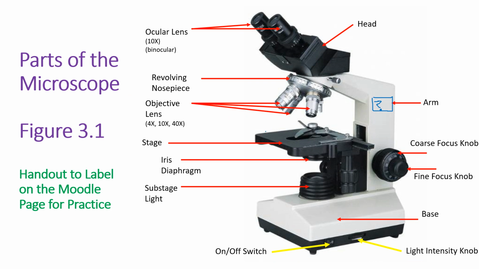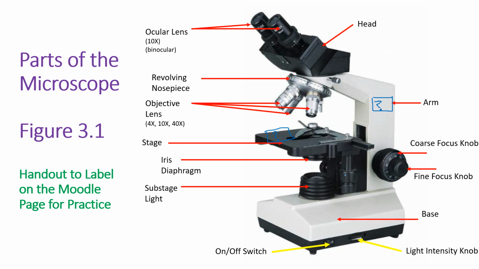If I put a sticker on this piece right here and put a little question mark and said, name that structure, you would say stage. So you're going to have to look for the stickers on the microscope and then you would answer accordingly. So that's how the question is going to be on the test. Reminding you all, because this is our first test, that there is no word bank. So you're going to have to come up with these names on your own.